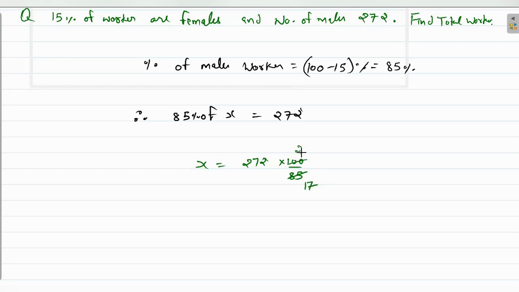And this one at 20, if you cut it by 5. Yes or no? Then later on, 272 is divisible by 17.